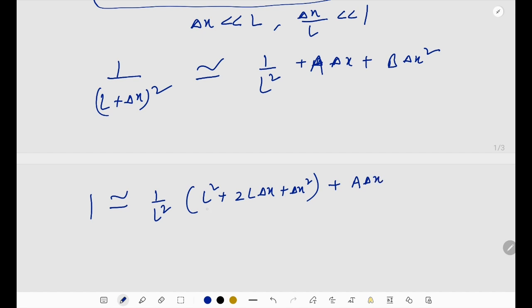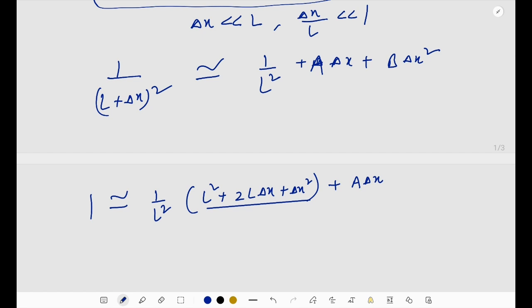And so I'm going to get only I need to take the values of delta x up to its quadratic value only, and that means I need to reach the power of delta x up to 2 only.